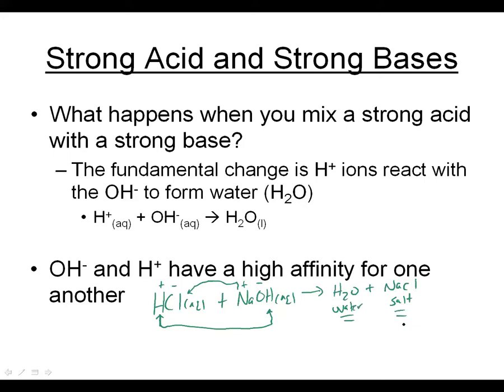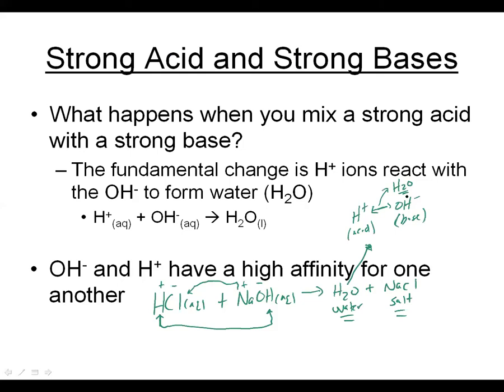You always make water, and typically in a strong acid, strong base situation, the H plus comes from the acid, the OH minus comes from the base, and again, they come together to make water. So that's where the water comes from. And then obviously the salt comes from the other part of the acid and base when it comes together.